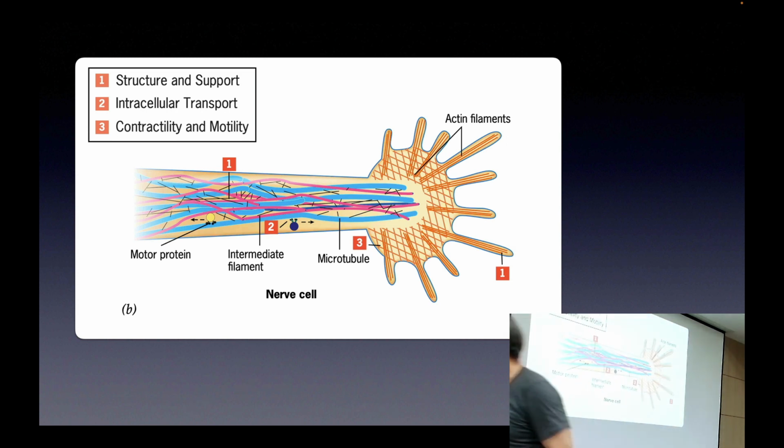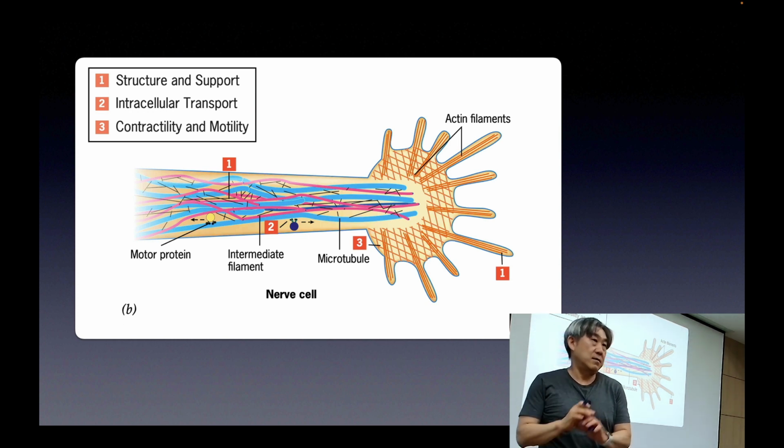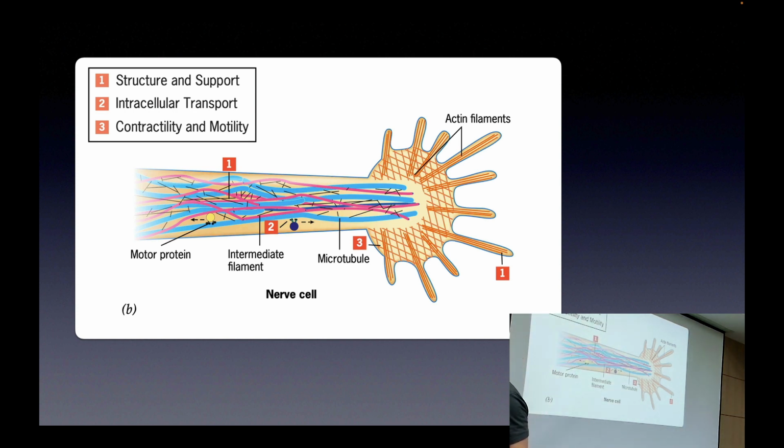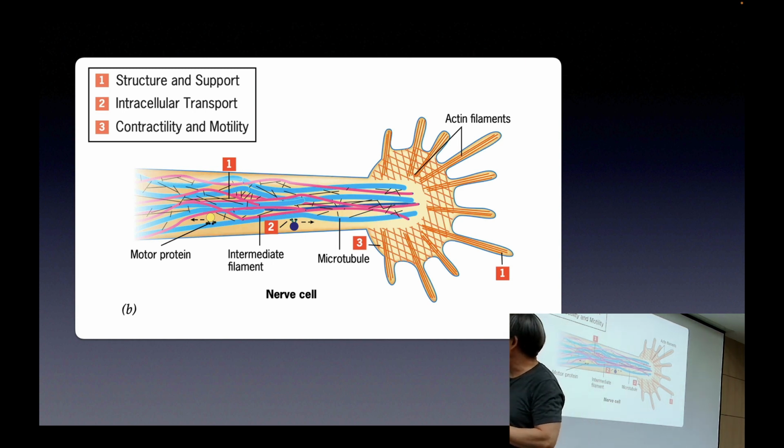If you knew the typical structure of a nerve cell, I can draw it roughly. It looks like this. This is a very atypical shape of a cell, even for an animal cell. A typical animal cell would look like this, right? But this nerve cell has a very distinct morphology, so to speak.